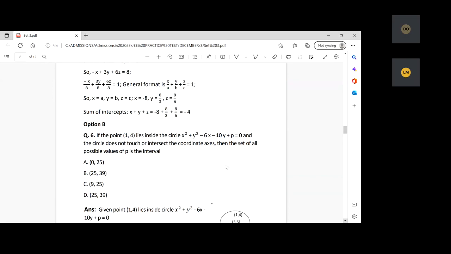If the point 1, 4 lies inside the circle x square plus y square minus 6x minus 10y plus p equal to 0, and the circle does not touch or intersect the coordinate axis, then the set of all possible values of p is in the interval. Is it 0 to 25, 25 to 39, 9 to 25, or 25 to 29?